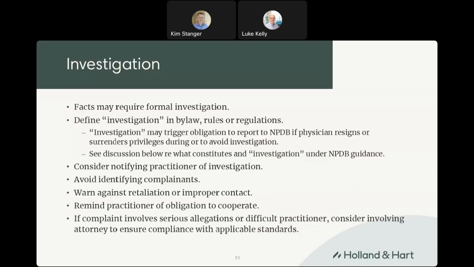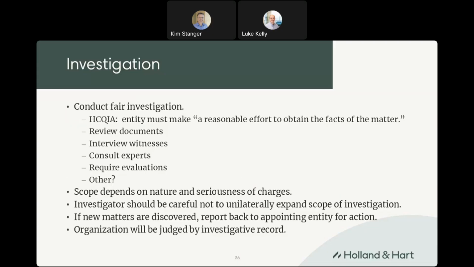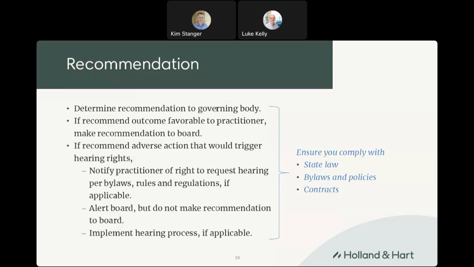If you are going to go ahead and proceed, make sure that you conduct an appropriate investigation. In the interest of time, I'm not going to go through all of those facts. That investigation will ultimately lead to a recommendation by the investigating body back to the MEC.